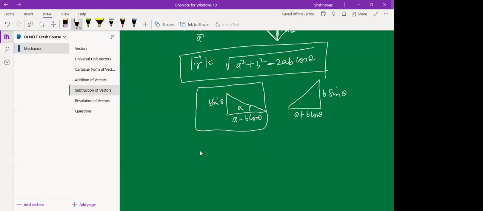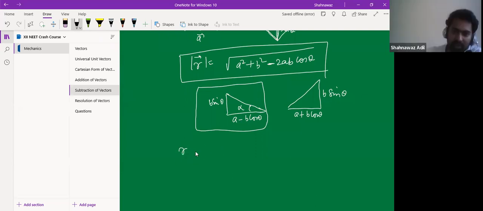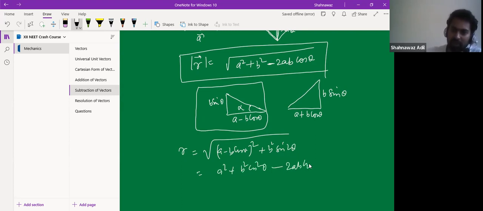So the magnitude, using the Pythagoras theorem, is the square root of (A minus B cos theta) whole square plus B square sine square theta. This becomes A square plus B square cos square theta minus 2AB cos theta plus B square sine square theta.